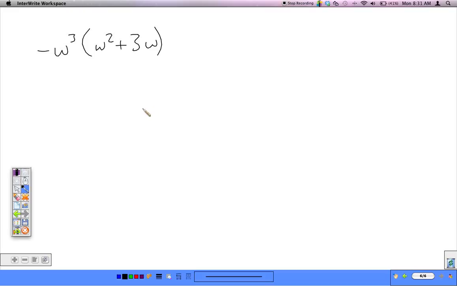What is my outside term? Negative w to the third. It must multiply with both inside terms. Negative w to the third times w squared. That's a negative times a positive. Results in a negative. I have 3 w's multiplying with 2 w's. That's w times w times w times w times w. That makes a total of 5 w's.